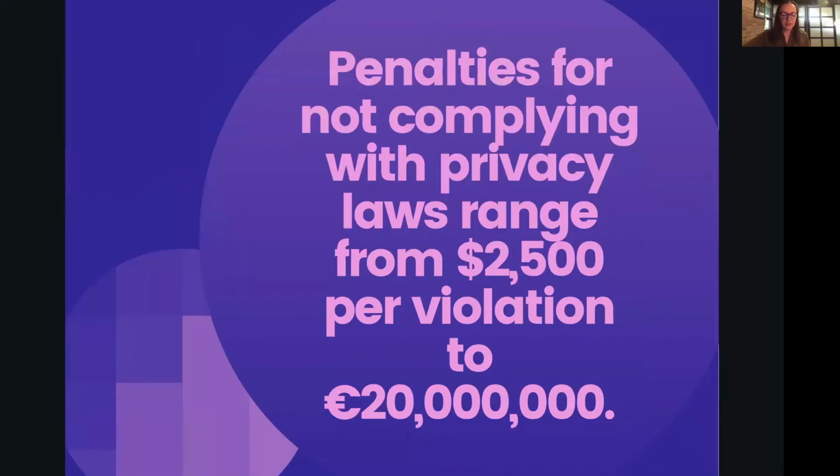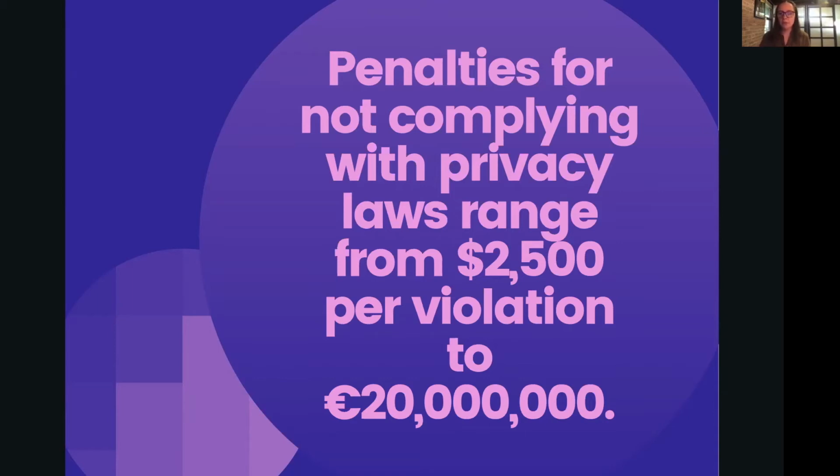So in terms of what happens if you don't comply, I think that some people may think, all right, there are privacy laws, but what's going to happen if I don't follow this, if I don't have a privacy policy, if I don't tell my clients about it. So penalties for not complying can range from $2,500 per violation to 20 million euros in total or more.